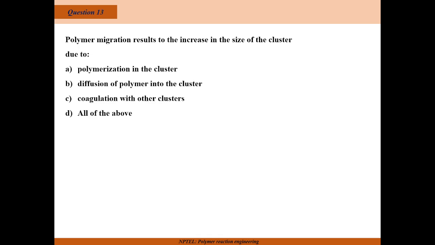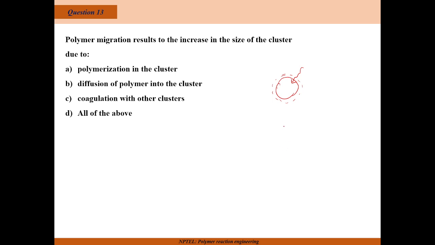Okay. The polymer migration results in the increase in the size of the cluster due to polymerization in the cluster, diffusion of polymer into the cluster, coagulation with other clusters, or all of them. This is again a very logical question. I think all of them can be the answer. We have a cluster, and if some other polymer enters, it can undergo polymerization and that can lead to increased size.